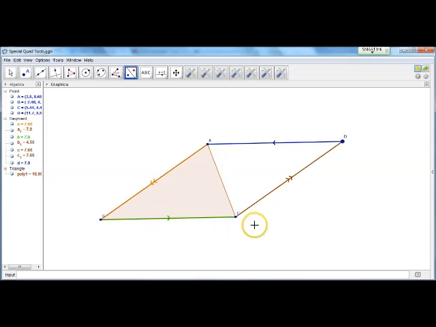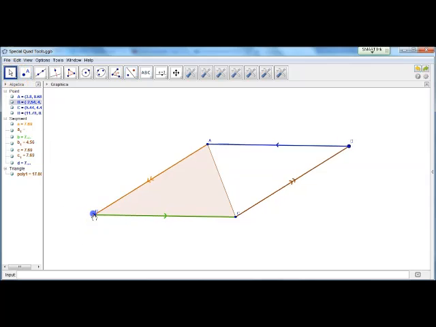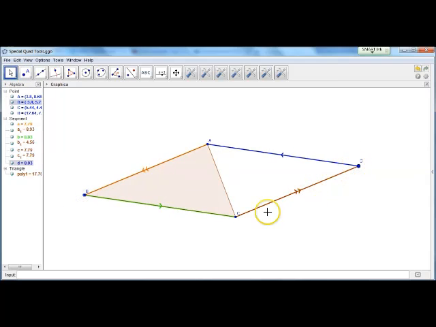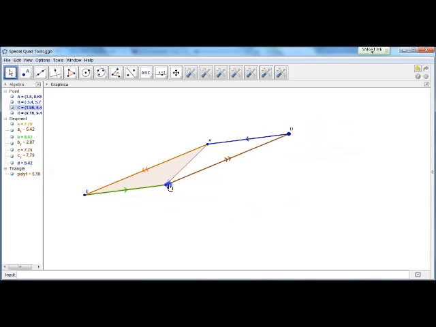So if it's not a reflection, it seems to me that this side here is congruent to this side here, right? And let's try to illustrate that even further. There, yeah. This orange side looks like it's congruent to this side here. And these green and blue sides are congruent to each other.